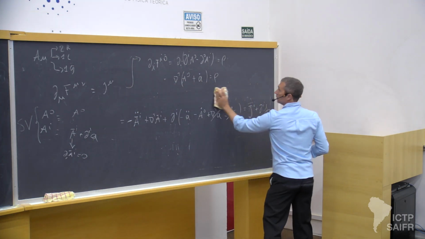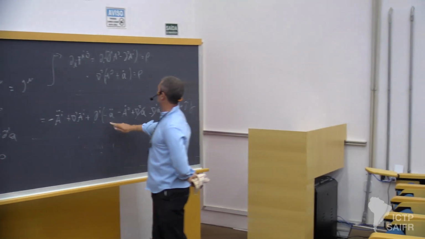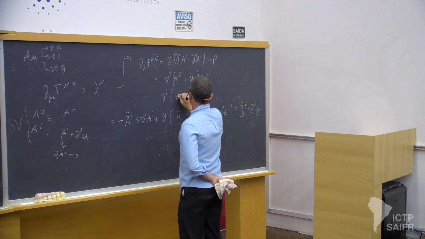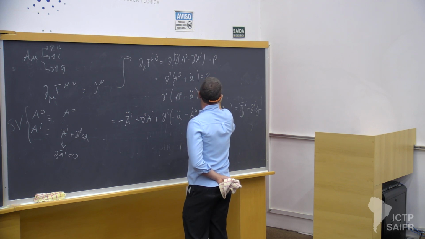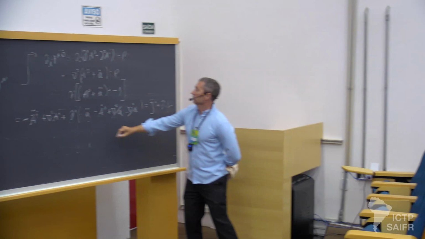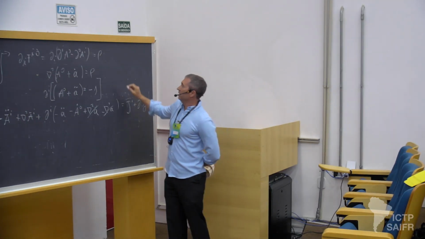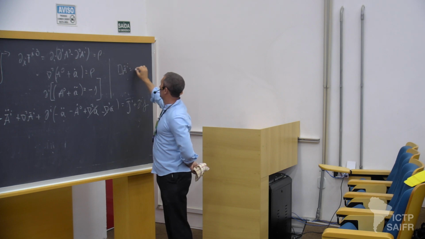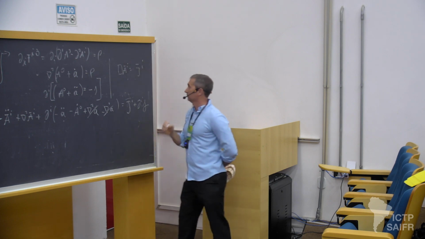So I get from here the Laplacian of A0 plus A double dot equal to minus J, with the d_i applying to both sides. No? I took this part. And then the other equation I have is box A bar I equal to J bar I.